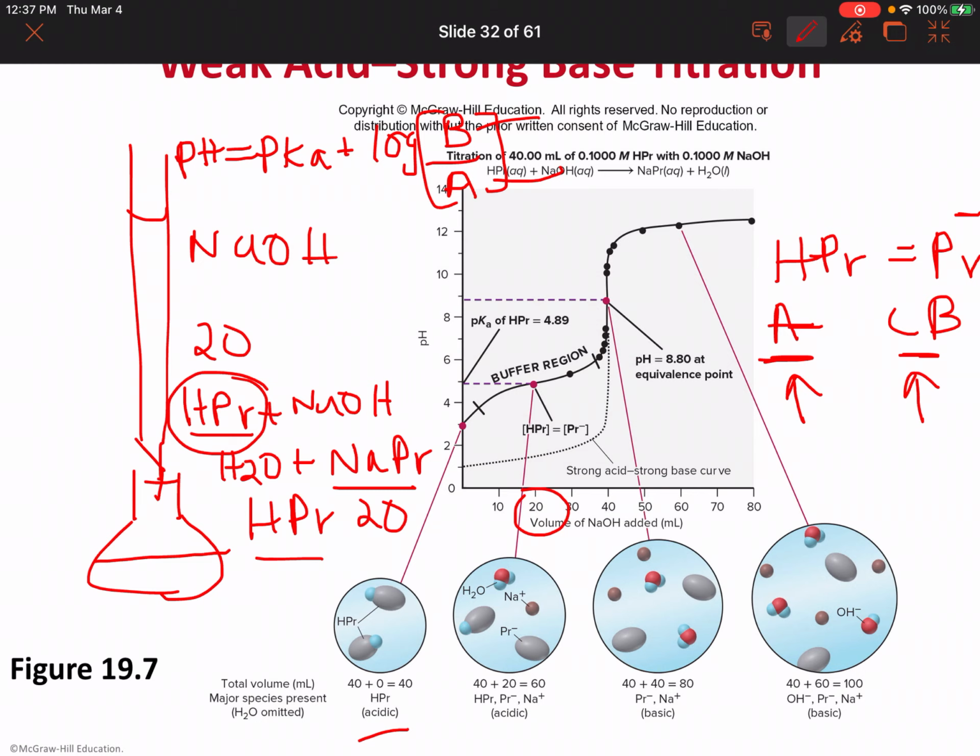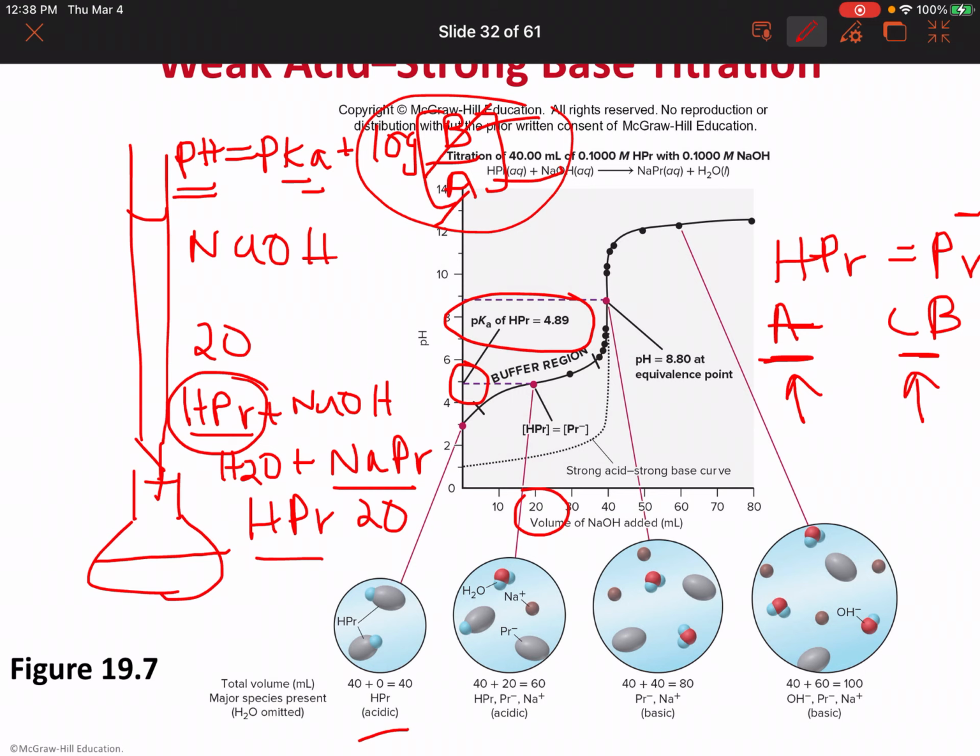At this point where we found over here, the concentration of base and concentration of acid are equal, right? Because the same volume has been added, same molarity. So this becomes log 1, which is 0, and then the pH of that solution equals the pKa of the acid. So that's what you are seeing over here. The pKa of propionic acid is 4.89.